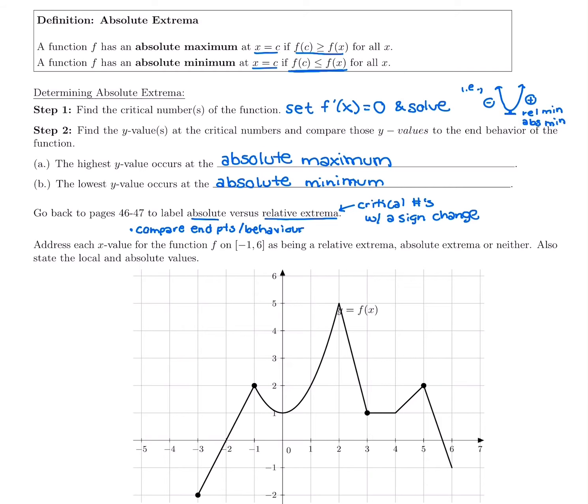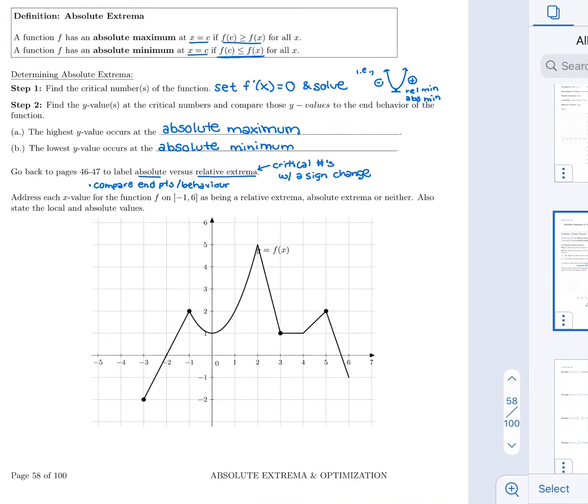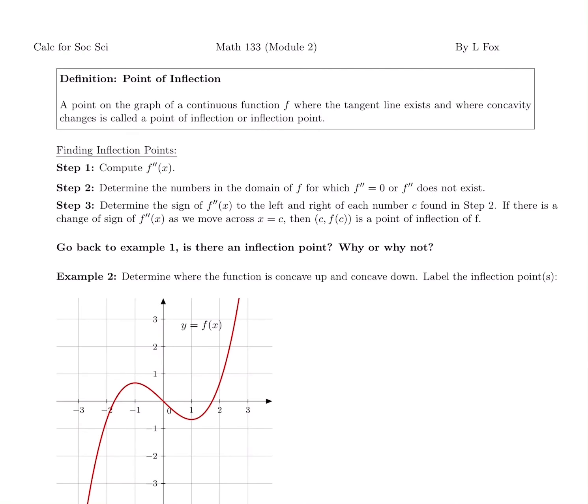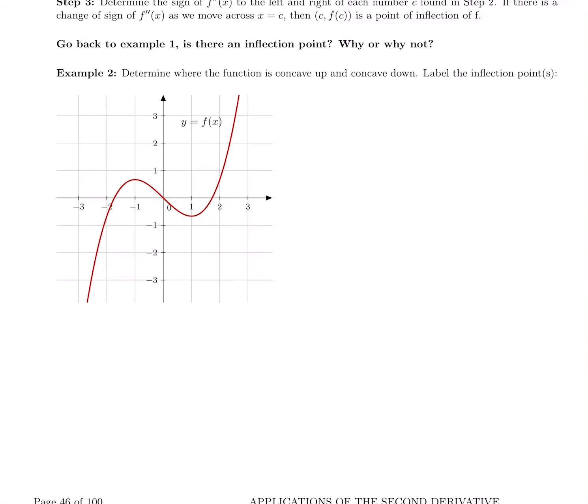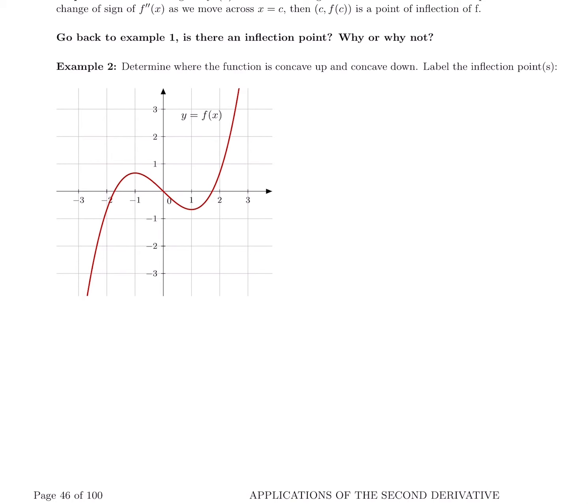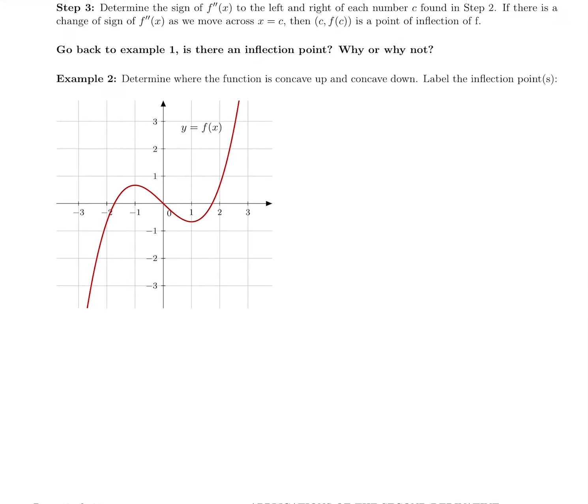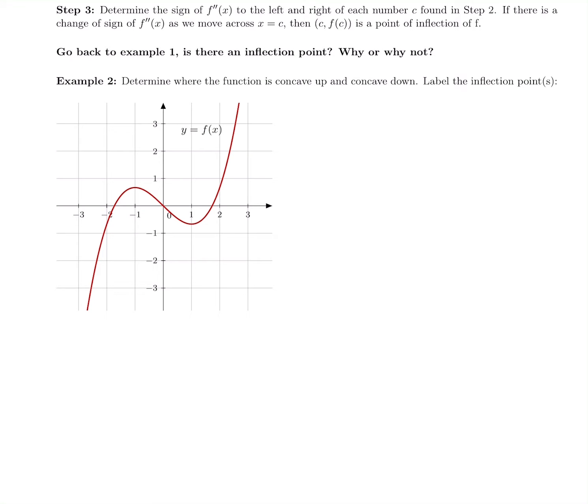So if we look back at our previous pages, we're going to flip back in the notes packet to graphs we've looked at before. So here we have a graph where we found concavity before, and now we're going to see if we can find extrema.